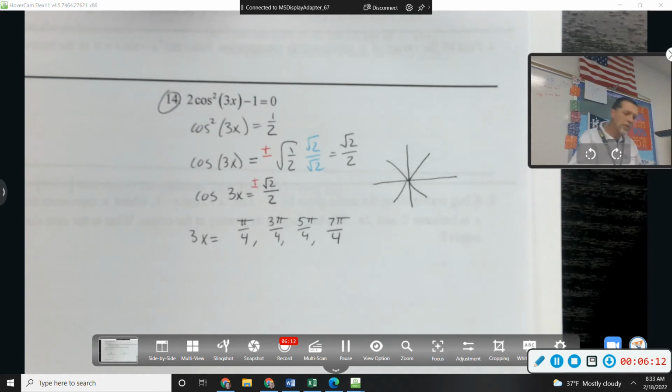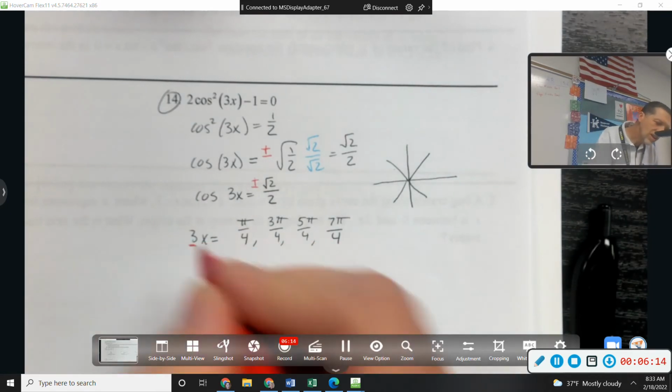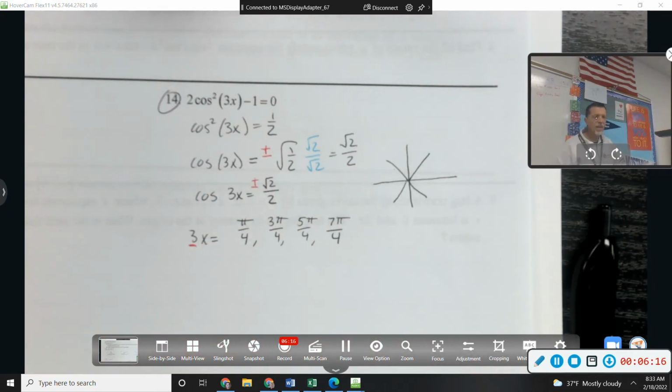How do we handle this 3? Will we have to do this? Yes, I need to triple the number of solutions, and then I'll divide by 3. So I need to add 2 pi to each of those twice. Right? I need 2 more sets of solutions, 2 more sets of answers.